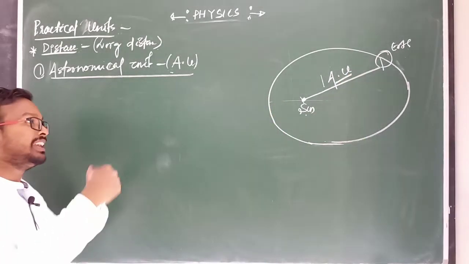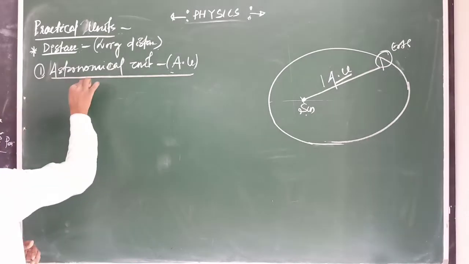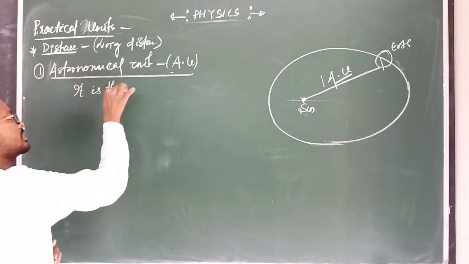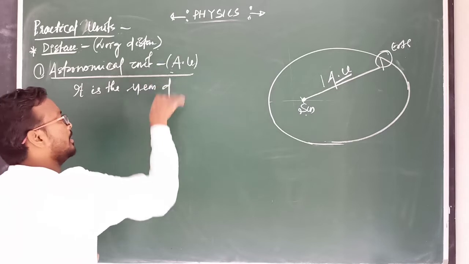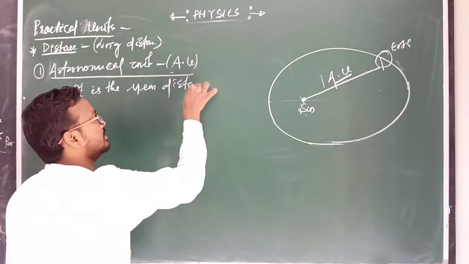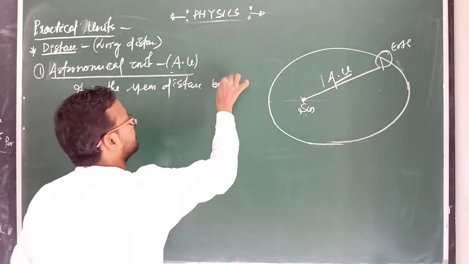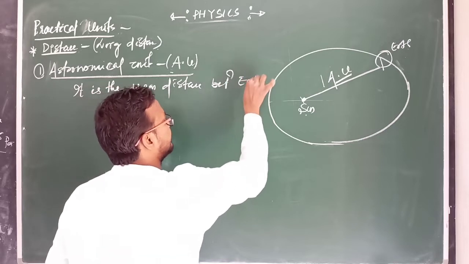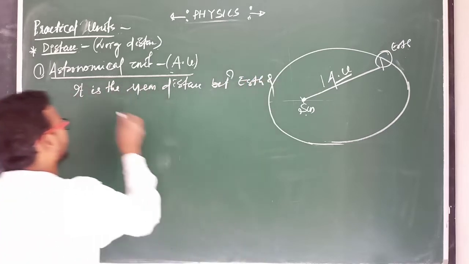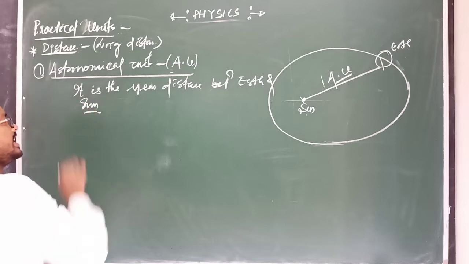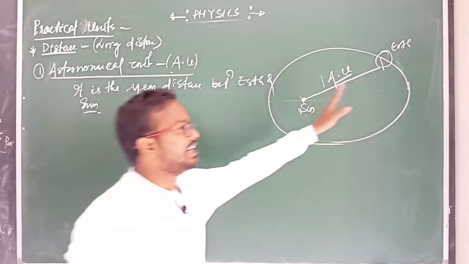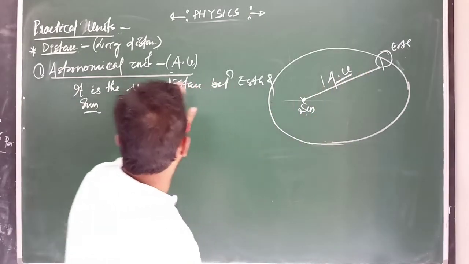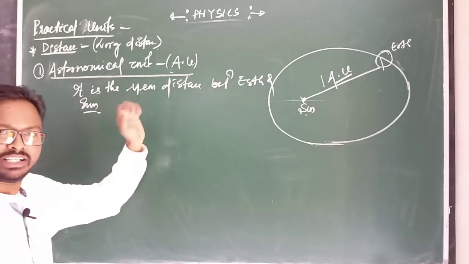It is the mean distance or average distance between earth and sun, or the mean distance of earth from sun, and it is known as astronomical unit.